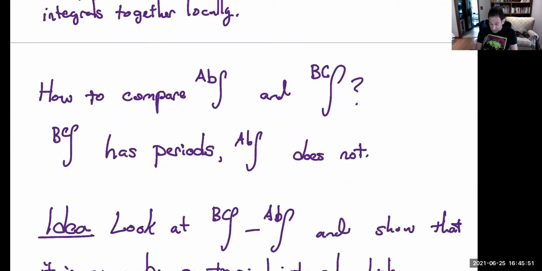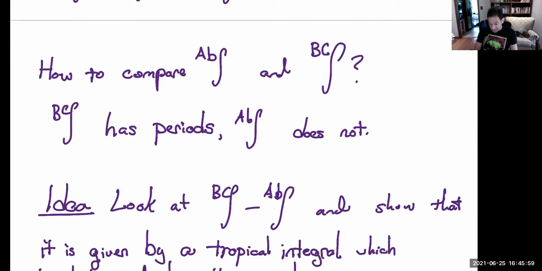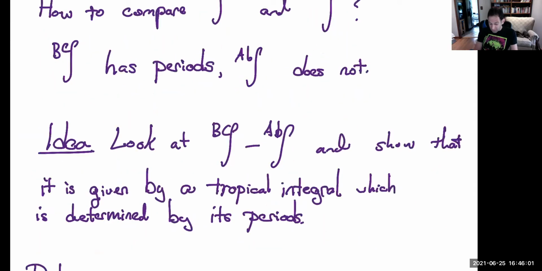So how do I compare these two? Because I really want this guy. All right, so I start with an observation that this guy has periods, this guy doesn't. But they're both integrals, so they should be given by anti-differentiation locally. You can prove that. And so their difference is going to end up being some combinatorial object.